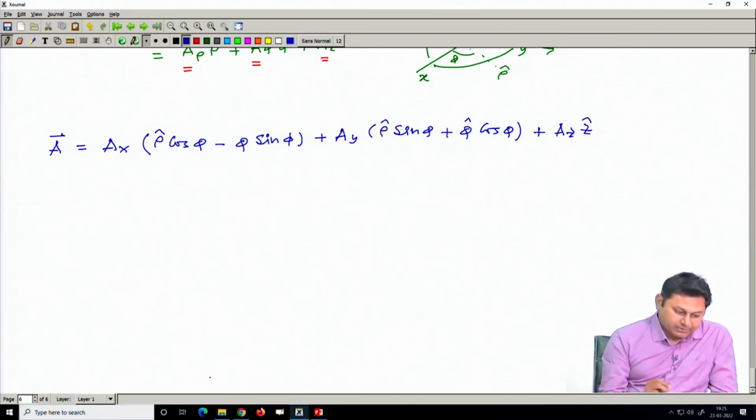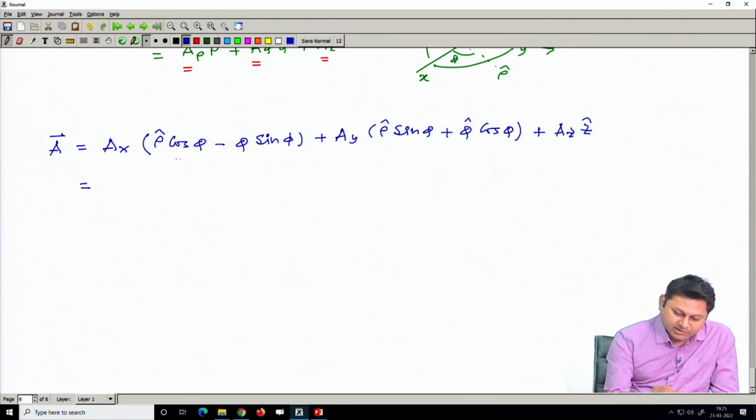Now I simply take all the rho unit vector components in one bracket, all the phi unit vector components in one bracket and the z component in one bracket. If you do that, I am going to get this.